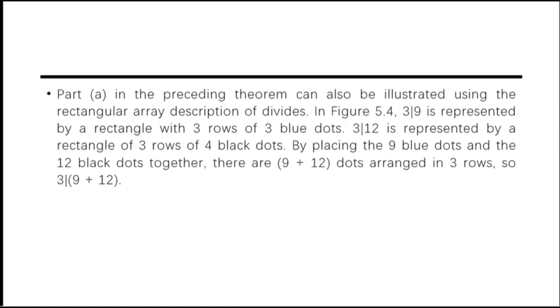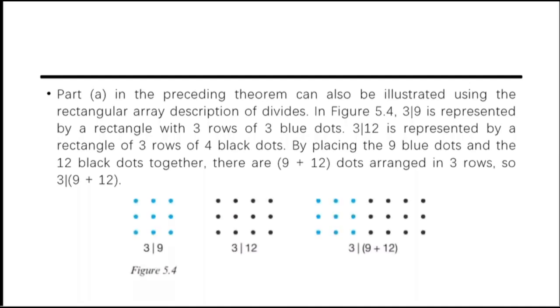Part A in the preceding theorem can also be illustrated using the rectangular array description of divides. Let's look at figure 5.4. 3 divides 9 is represented by a rectangle with 3 rows of 3 blue dots. 3 divides 12 is represented by a rectangle of 3 rows of 4 black dots.